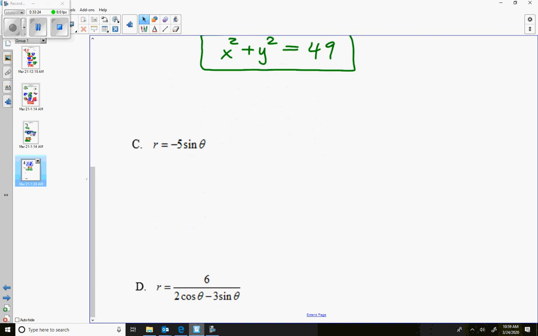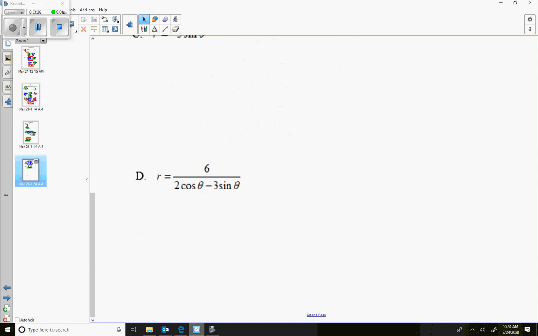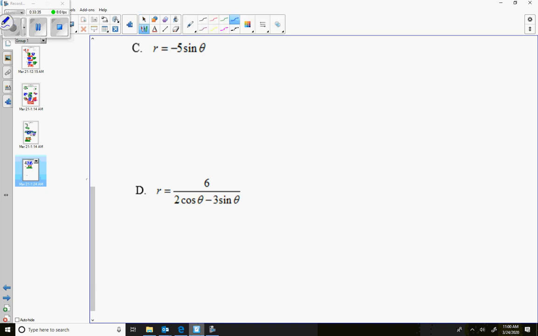All right. Next one. R equals -5 sine theta. Now this one, I'm going to do just the opposite of what I just told you.